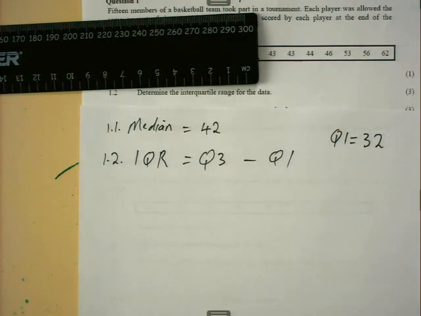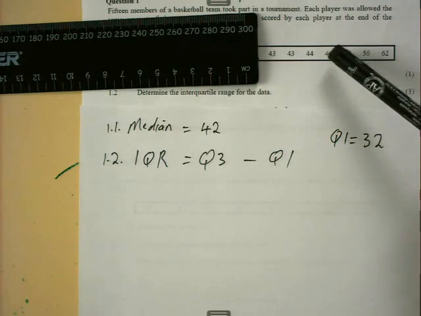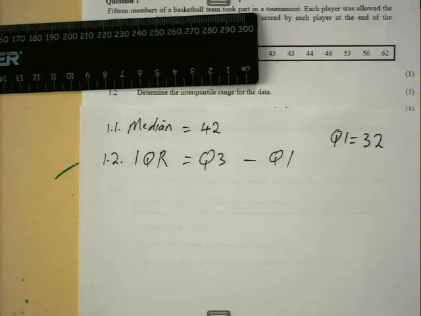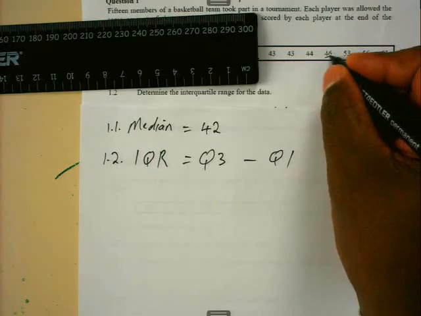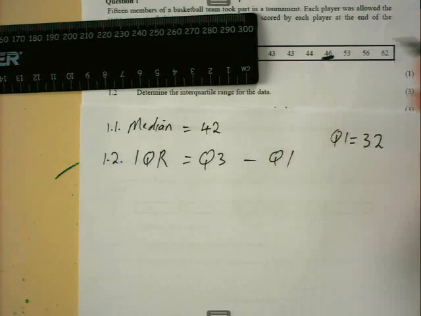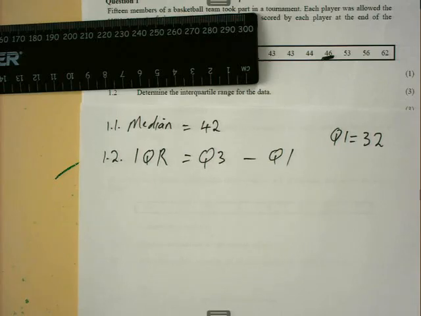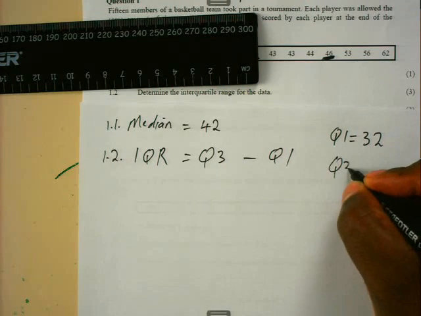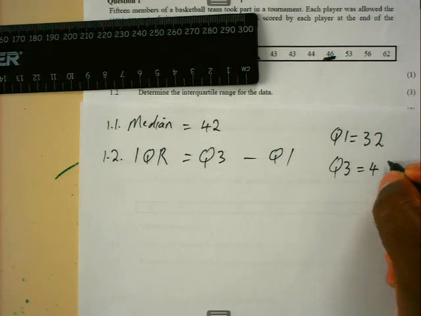How many scores do we have? 1, 2, 3, 4, 5, 6, 7. 7 scores, so it means the fourth one will be the median. You'll be having 1, 2, 3. It means this one will then represent the median of the upper half, which you call the upper quartile. Therefore, Q3 will then be equal to 46.